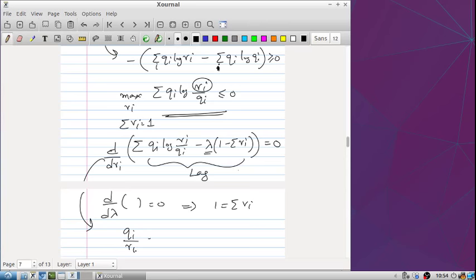It's Qi divided by Ri, right? And there's a constant. Qi log Qi comes as an additive term, so that gets cancelled. Minus lambda times the derivative of Ri is equal to 0. Oh no, lambda times 1.